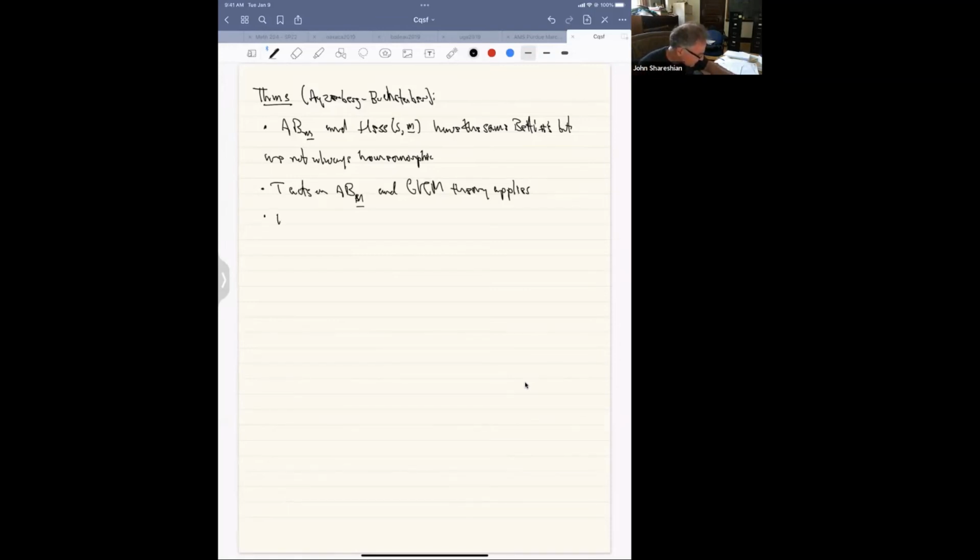The GKM graphs as graphs for these are isomorphic, but the edge labels are different.